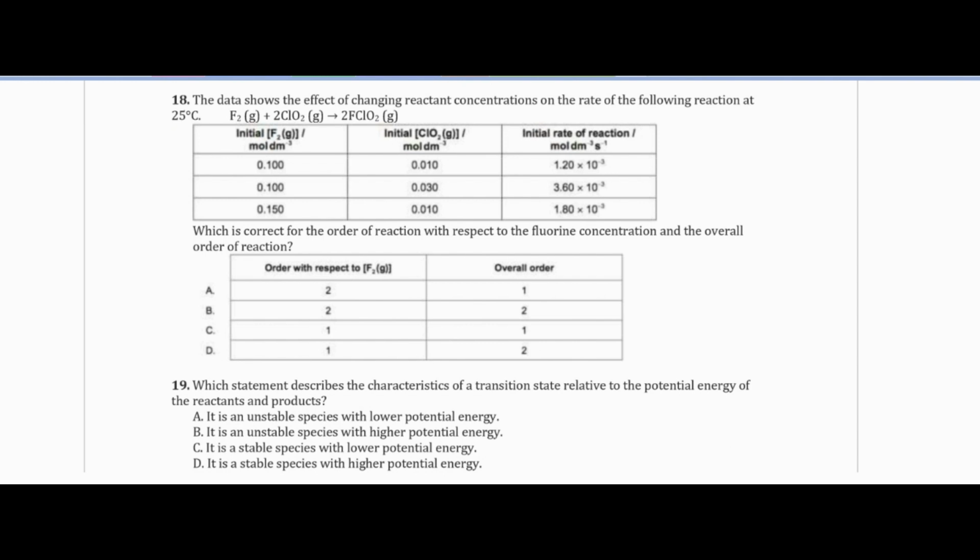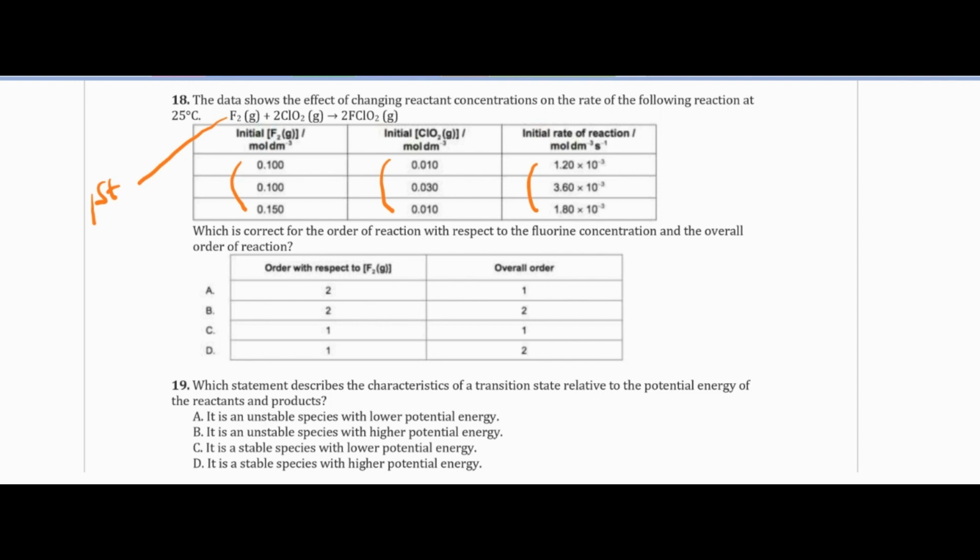Well, let's try and find a change in concentration of fluorine where ClO2 stays the same. So that would be this here, increases by 1.5, whereas this stays the same. So when fluorine increases by 1.5, the initial rate of reaction also increases by 1.5, which makes fluorine first order.